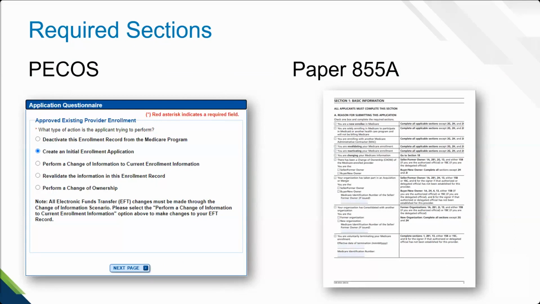We did also recently do a webinar on the paper CMS 855A application. CMS did just change that a little bit, and a link is going to go into the chat for that video. It looks like it's already there. So if you're interested, those changes largely consisted of wording changes. They did some wording changes for clarification.